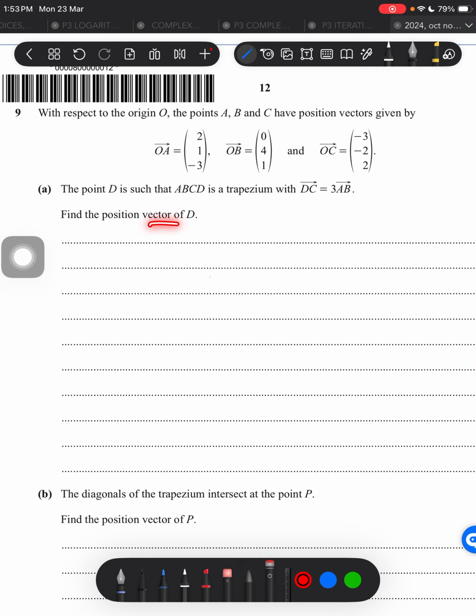So OD is not given, but we know that DC is 3 times AB. But since we haven't got AB, we need to find AB first and then multiply by 3. So let's find it.